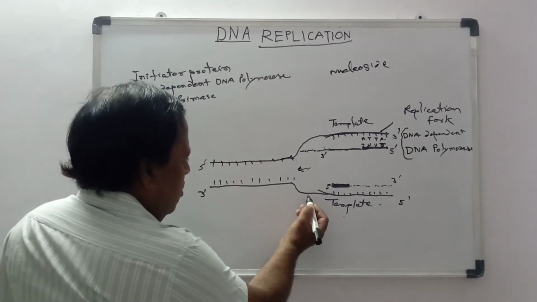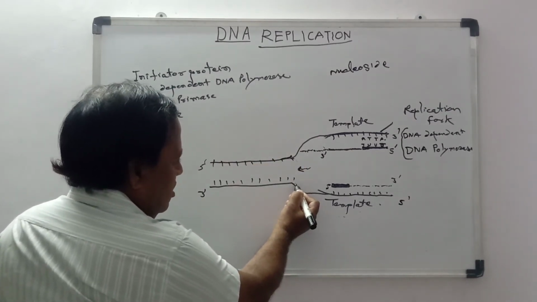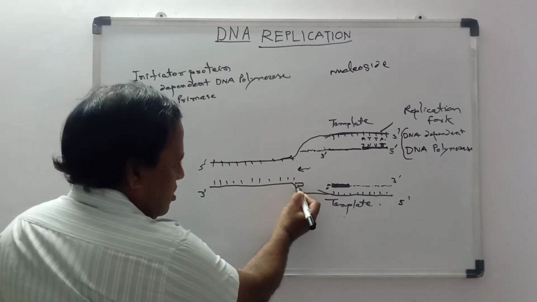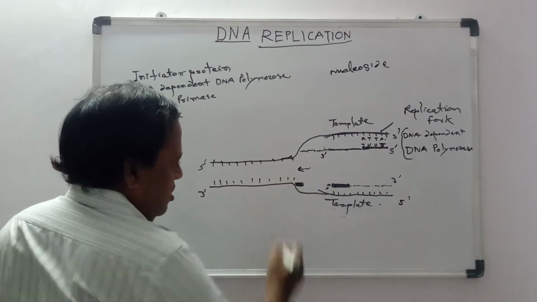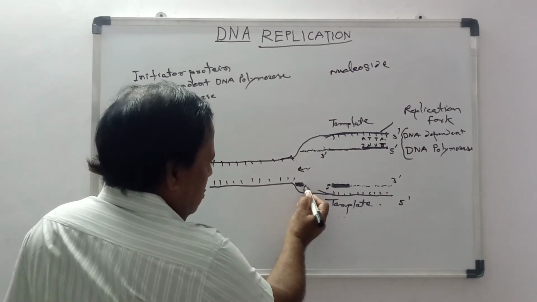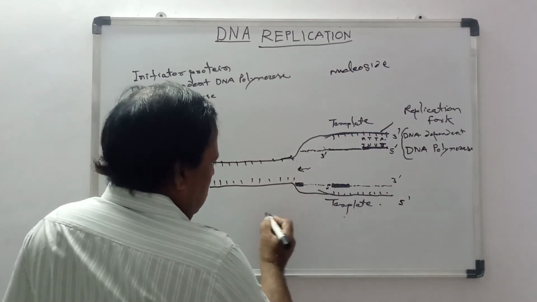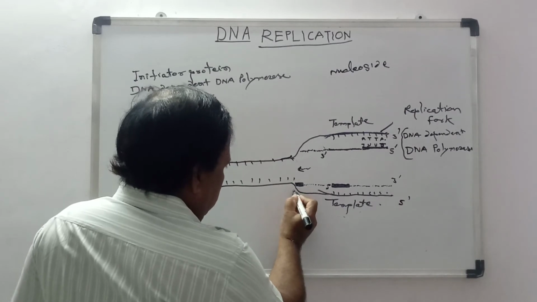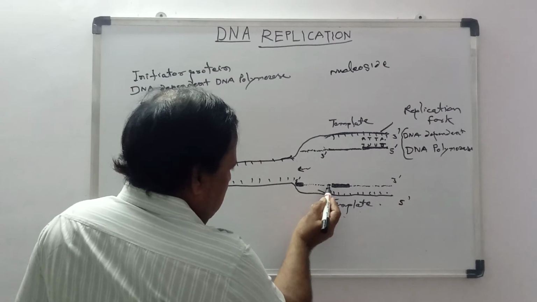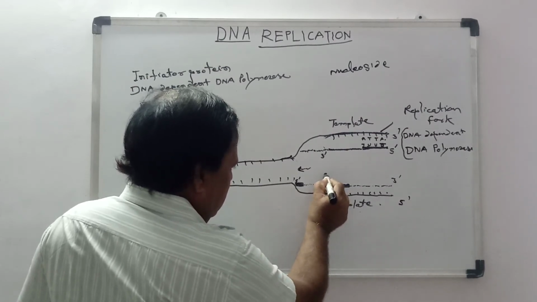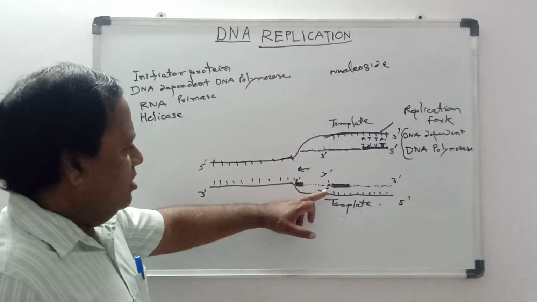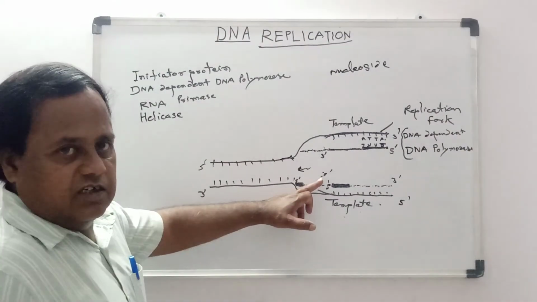So now again we will be required to have another primer over here, another RNA primer, so that this reaction continues over here. Now this will be the 5' end and this will be the 3' end. The previously 5' end would now become 3' end.